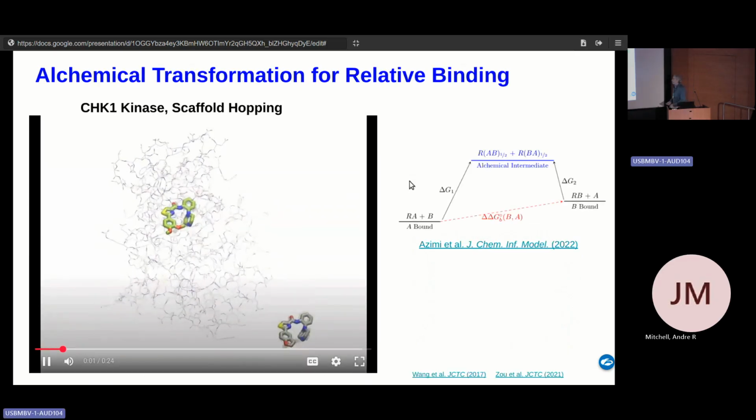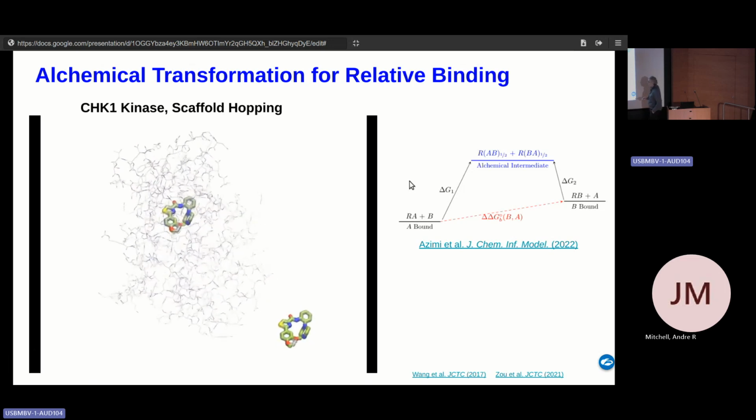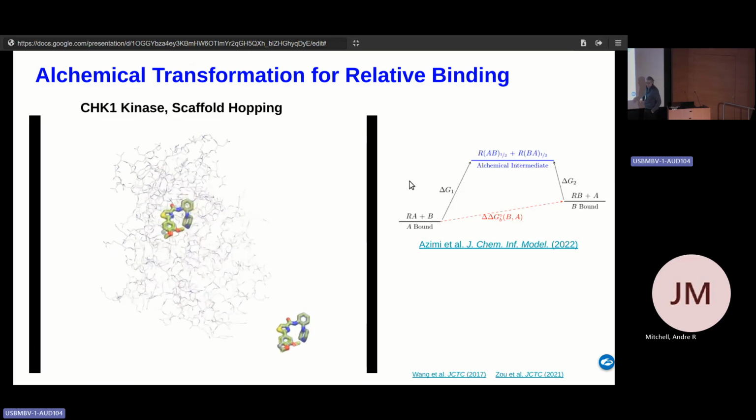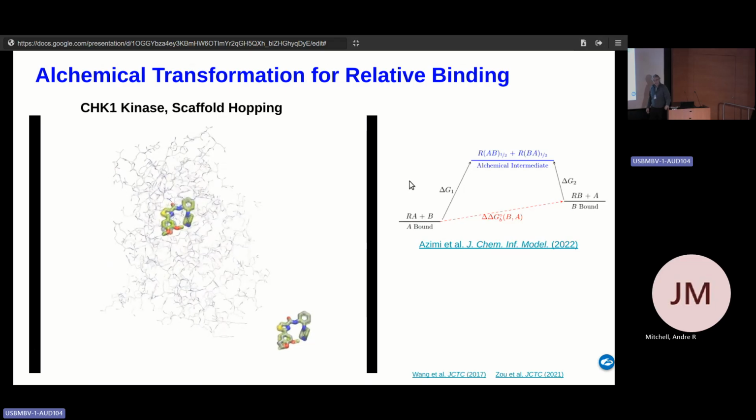So this is typically what one sees in an ATM calculation. This is a relative binding free energy calculation, an animation. There is a ligand that starts in solution, a ligand that starts bound, and during the alchemical process, they switch places. Of course, this is done with replica exchange, so that this happens dynamically.